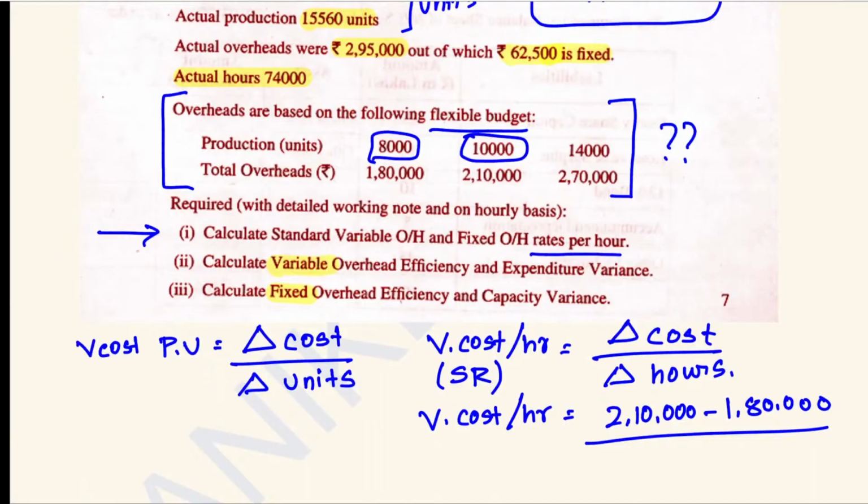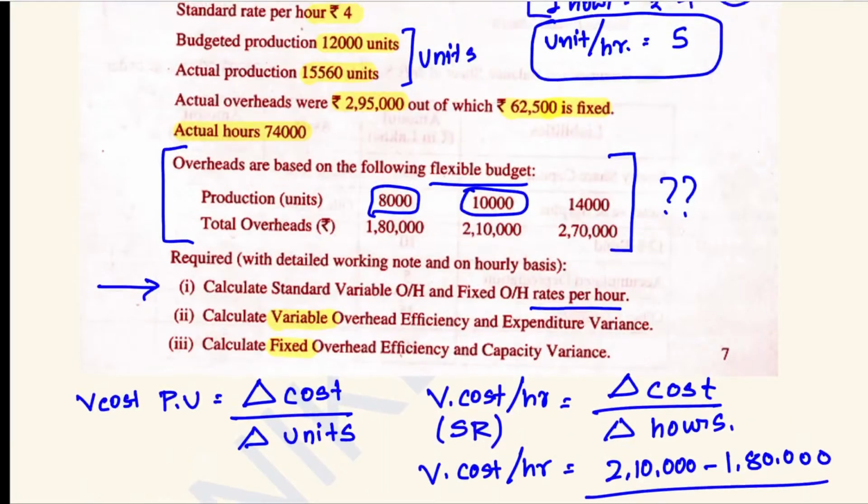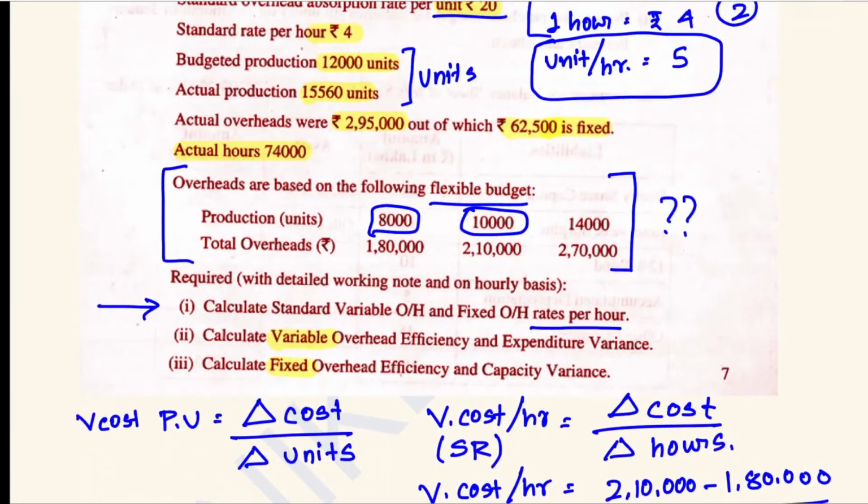Understood? You are getting the conversions. This is important. Now, how many hours will it take? Units per hour is 5. So I have got units per hour, which is 5.